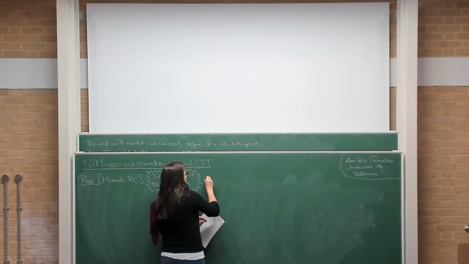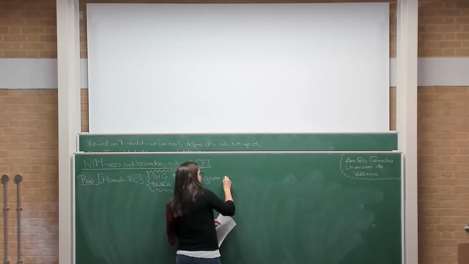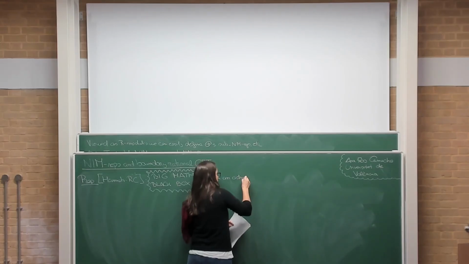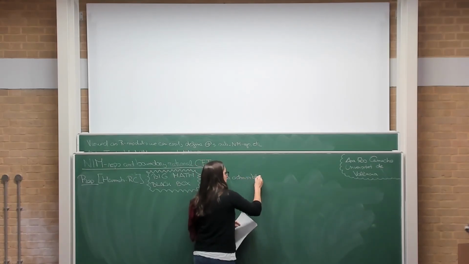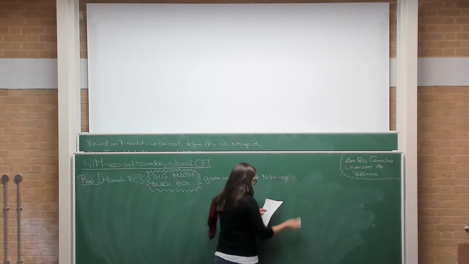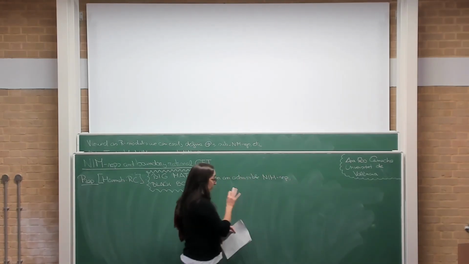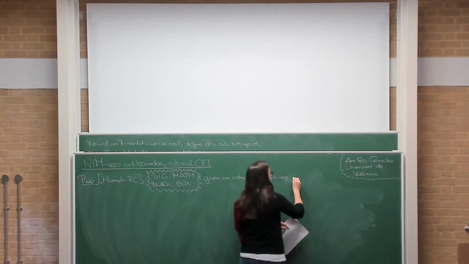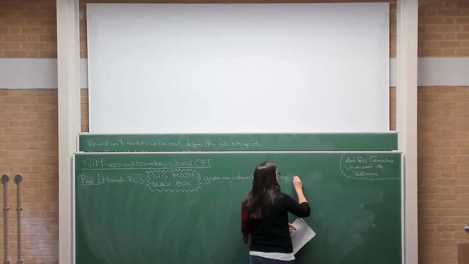So if you give me an admissible NIM-rep, any algebra objects you may find are going to be, you're going to see them from the graph.